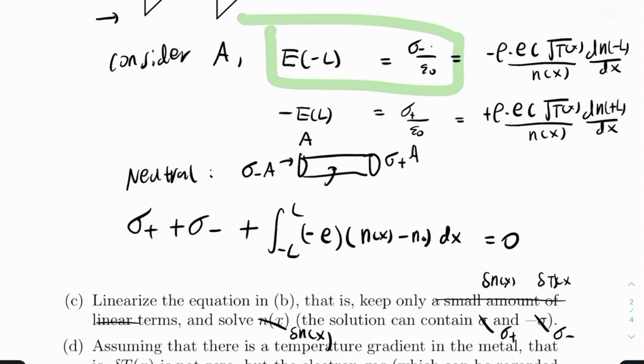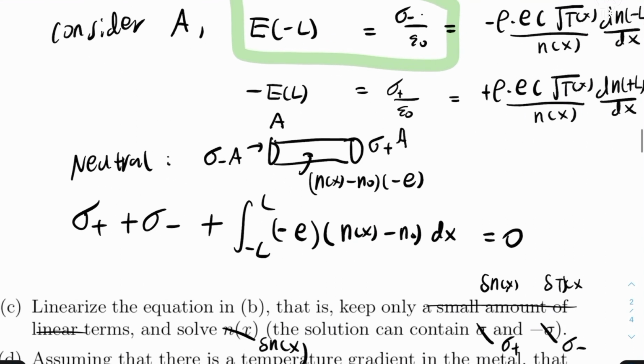And how about the total charge inside the volume, or the other charges inside the volume? It's not the total. So we will see that the total charge is actually equal to the integral from negative L to L of (n(x) minus n0) times negative e dx times A. That is the total amount of charge.